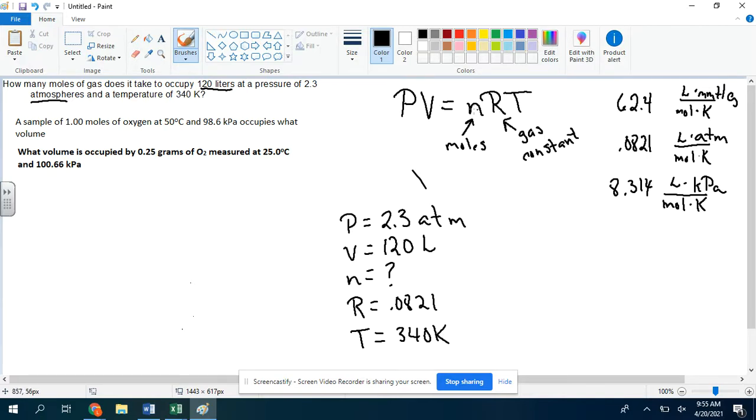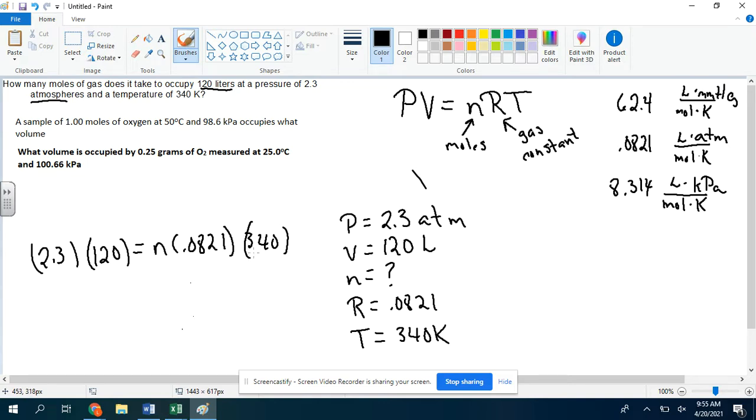So here's my formula right here. For P, I've got 2.3. For V, I've got 120. And absolutely work this out with me. Get your calculator, everything you have to make sure you're doing it correctly. We don't know N, so I'll just rewrite it. We're going to use 0.0821 for R, and we're going to use 340 for Kelvin.